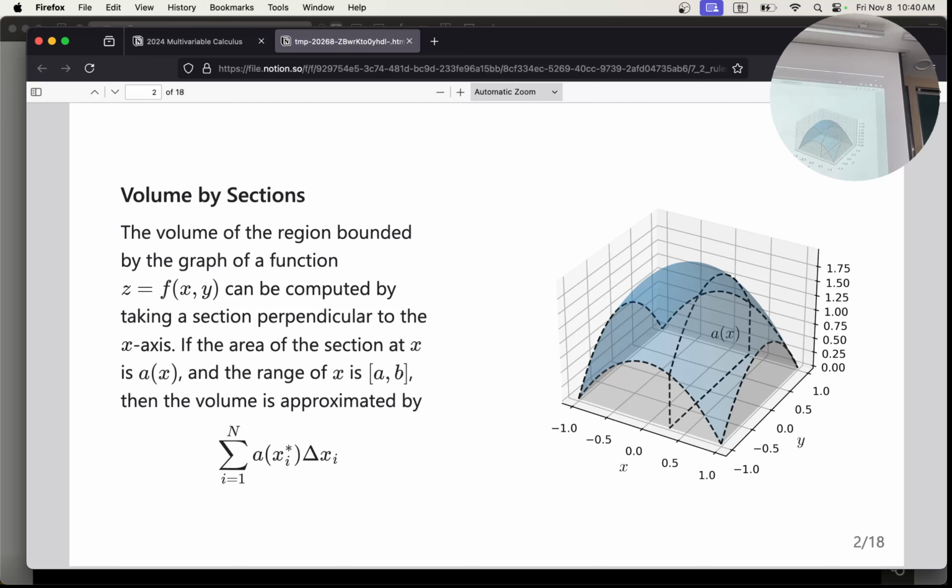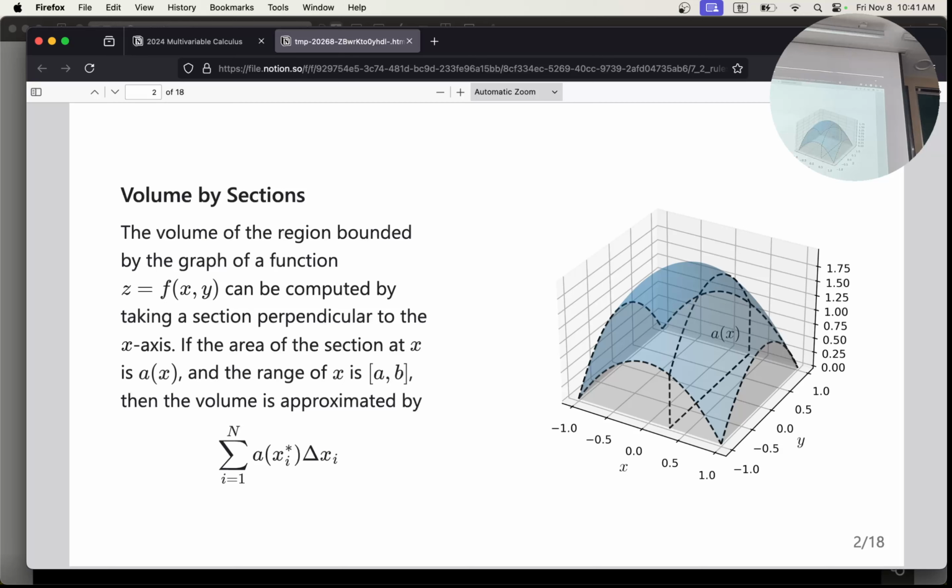Or you can say that it's a yz plane in this case. So this is the y-axis and z-axis. You look at the slice of the volume in the yz plane. You can calculate the area by integrating the region as if it's the region under the graph of the function over the right y range.